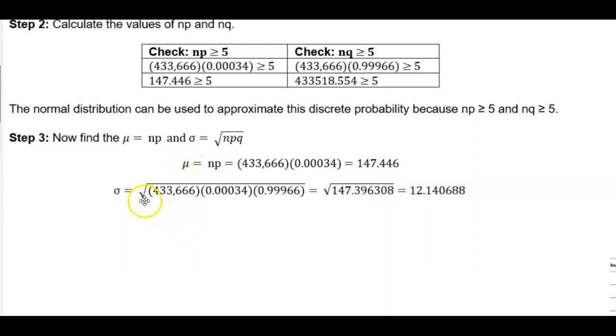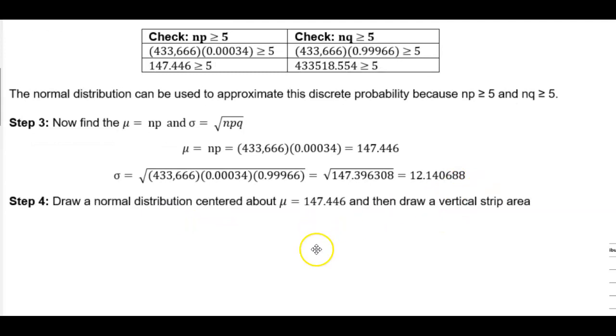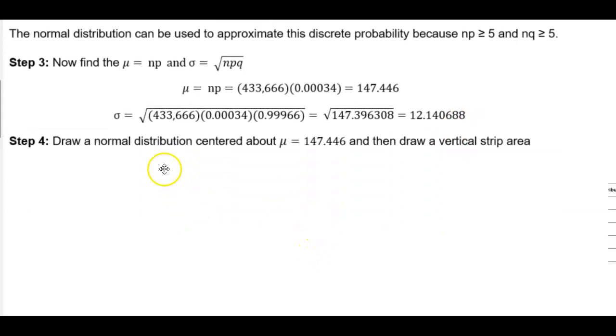For the standard deviation, we take the square root of N times P times Q, which gives us the square root of 147.396308. Rounding to 6 decimal places, the standard deviation is 12.140688.